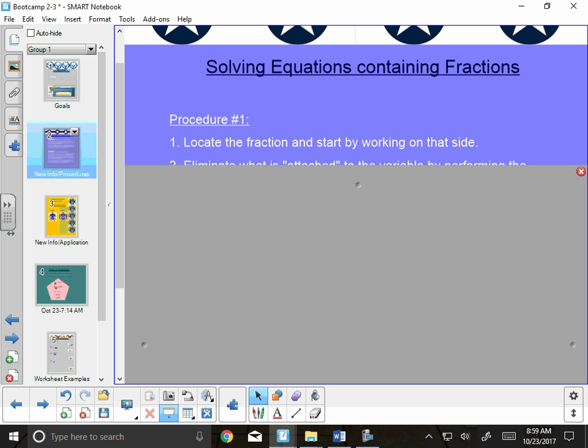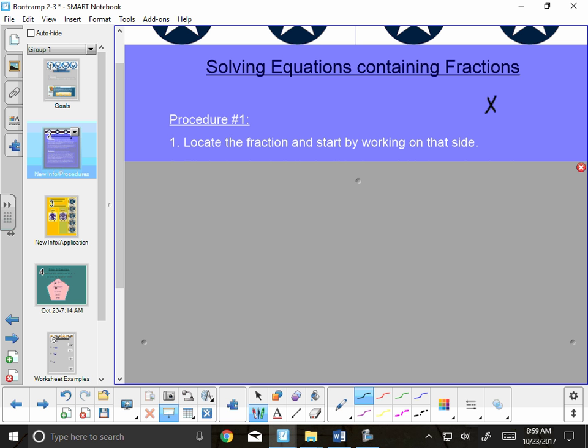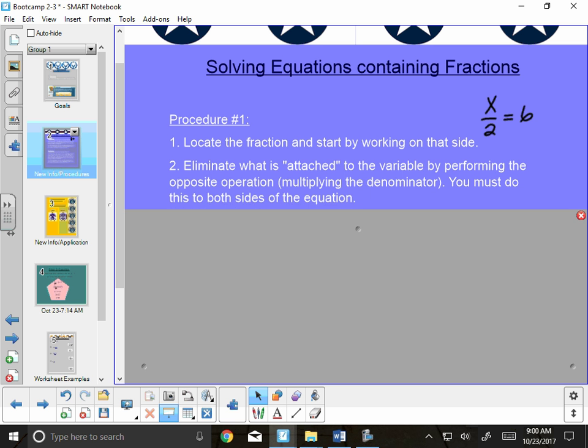For procedure 1, to start off, you're going to locate the fraction and start by working on that side. Let's just say we have x over 2 equals 6. We can see that x over 2, which is our fraction, is on the left-hand side, so we know we're going to work on that side. Step 2 says eliminate what is attached to the variable by performing the opposite operation, which in this case is going to be multiplying by the denominator.